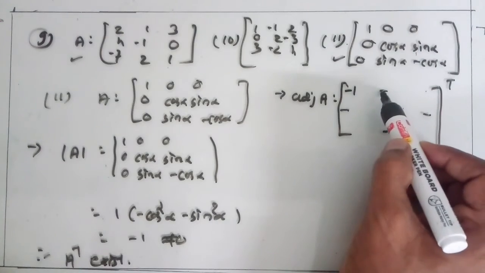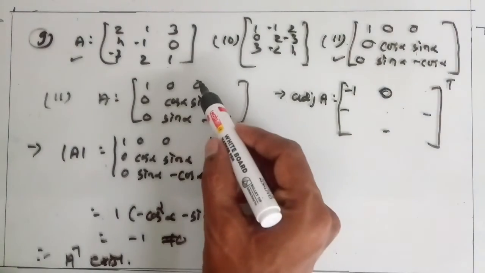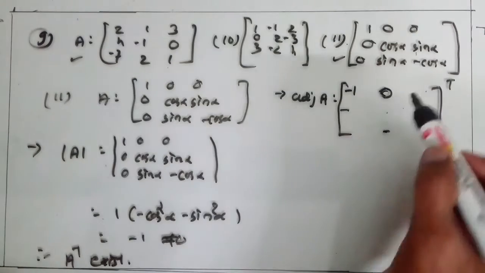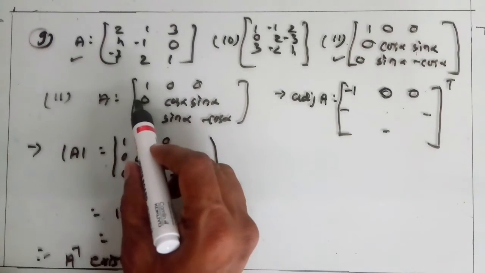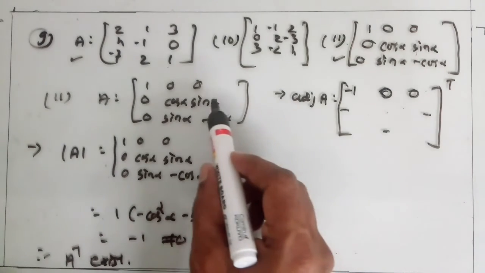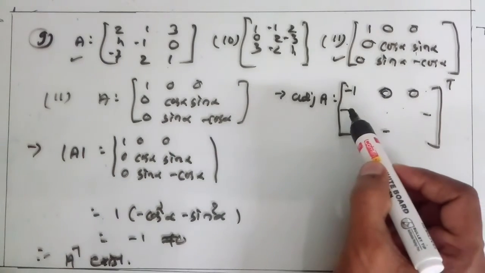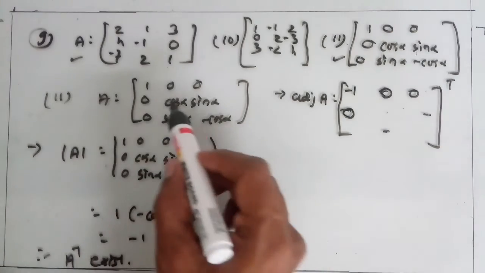Clear? The minor of this is the product of these two minus the product of these two, that is 0. Similarly, minor of 0: remove this row and column, product of these two minus product of these two becomes 0 into a negative number, which is 0.